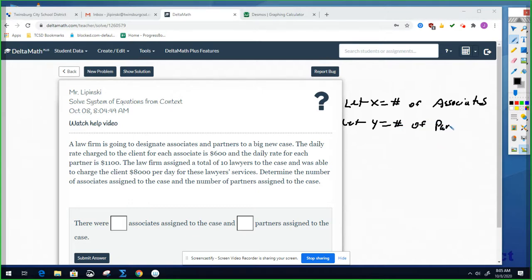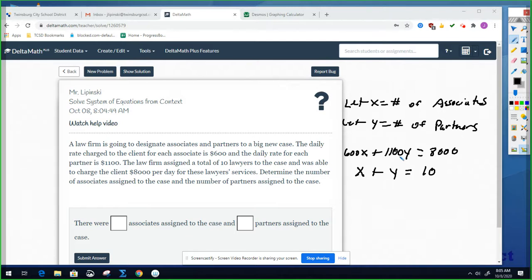Now we know how much it costs per each partner and for each associate. $600 per day for associates plus $1,100 for each partner, and that equals a total of $8,000. And then we have 10 lawyers on the case. So x associates plus y partners is equal to 10. So here are the two equations.